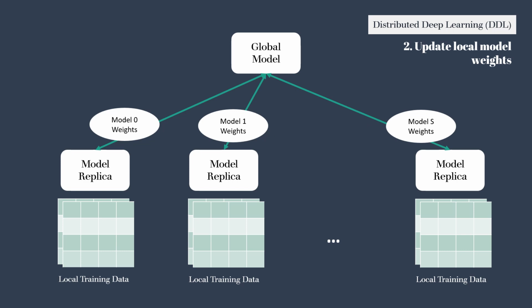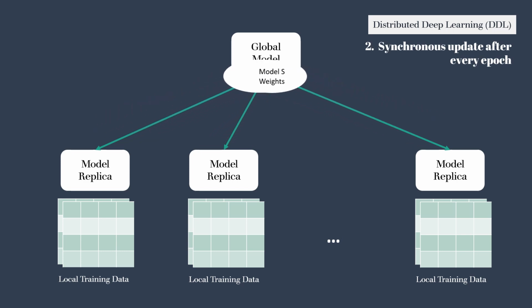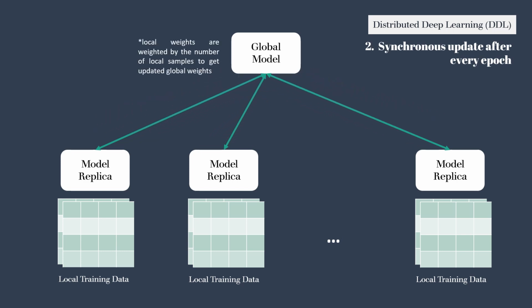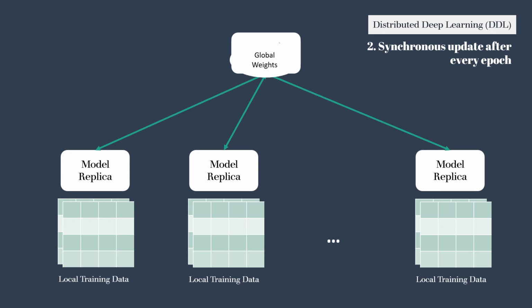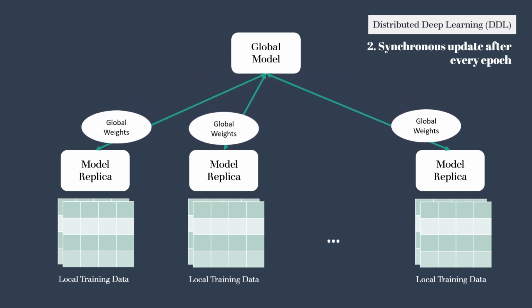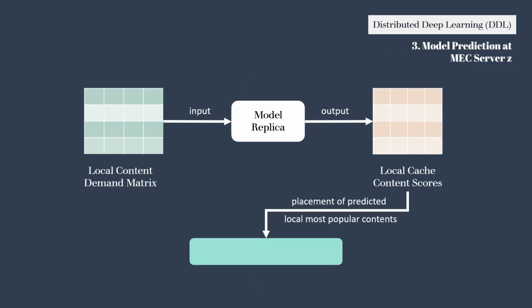By the end of the epoch, the weights of the local models will be updated. Then the weights of the global model will be synchronously updated with the weighted average of the local weights. These weights will then be sent back to the MEC servers before the next epoch. After the training is complete, each MEC server makes local predictions using a replica of the trained global model.